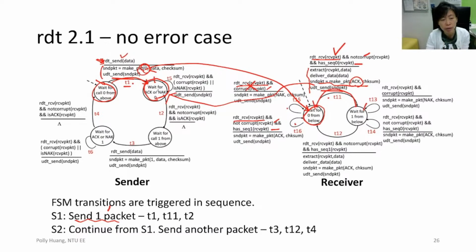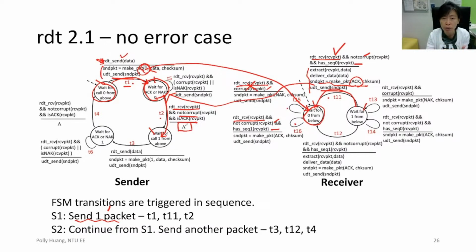So sender here is currently at the wait for ACK or NAK 0 state. See, there are 2 possible transitions. So which of these matches the ACK packet with no error? Yeah, this one here. No error and it's an ACK packet. So we'll be taking T2 and finish all the action here, which is doing nothing, and enter the wait for call 1 from above state. So sender here goes to the state, and there's nothing to be done here.